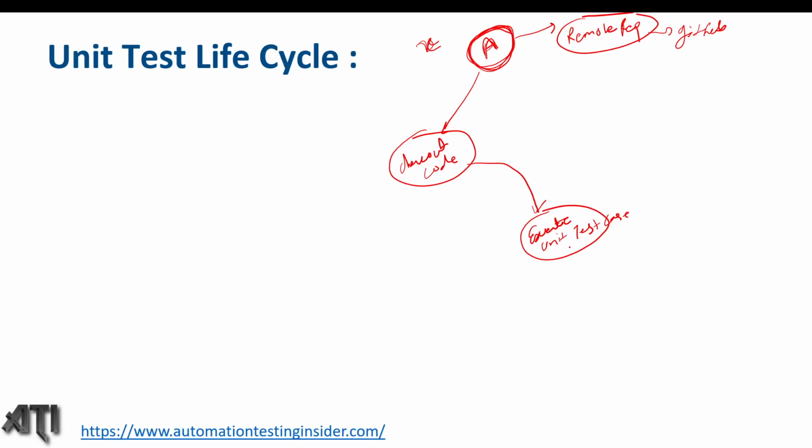Second is execute unit test, and the third one is, let's say as part of unit testing they get some defects or error in the program. So what they will do, they will fix the defects and error. Now the next point is code review.